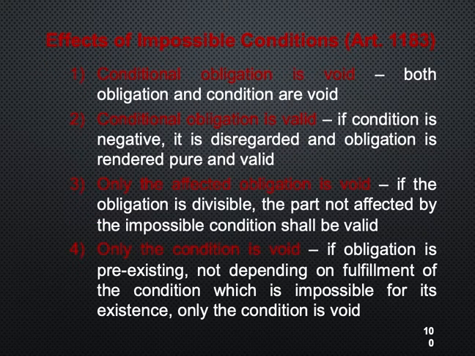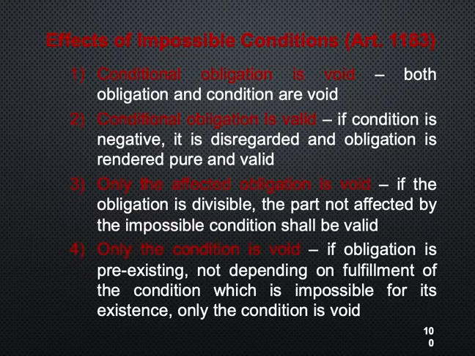Effects of impossible conditions. Okay. So, actually, there are two types of impossibility. We can say it can be physically impossible, when they are in the nature of things, cannot exist or cannot be undone.